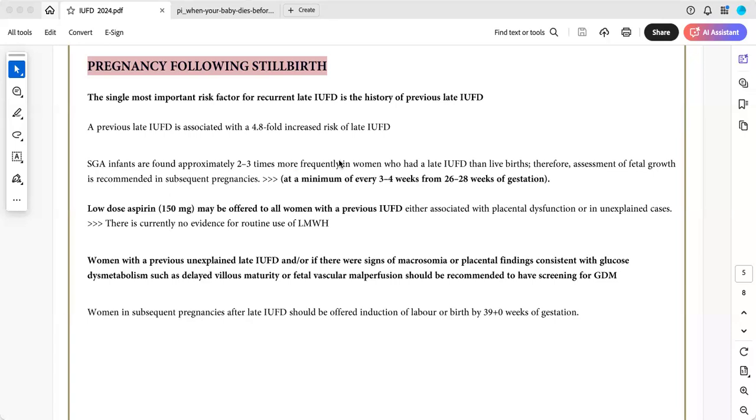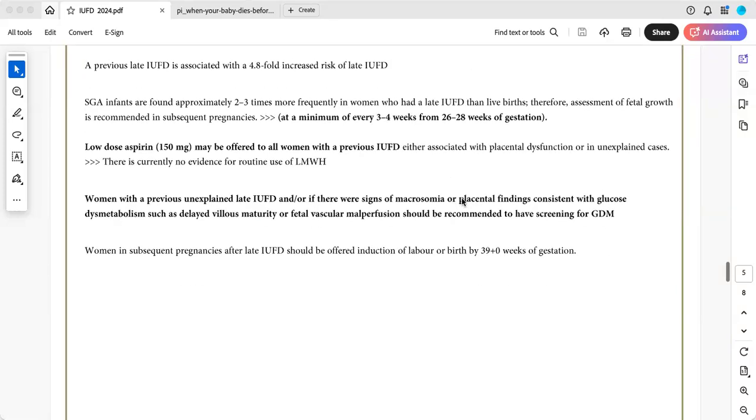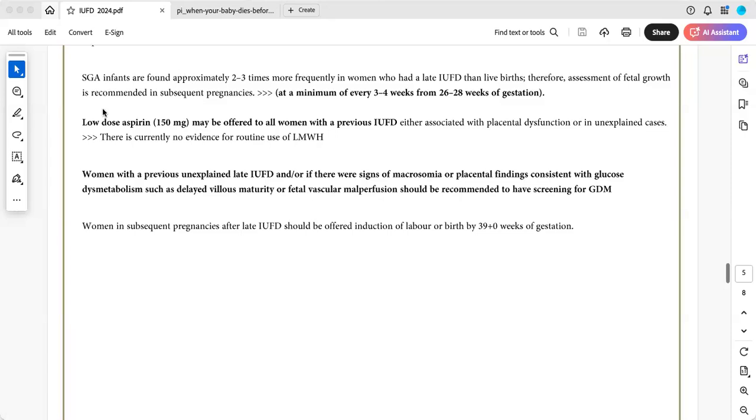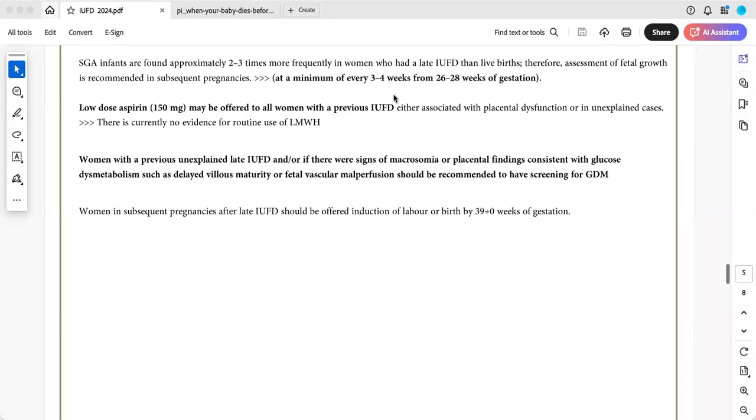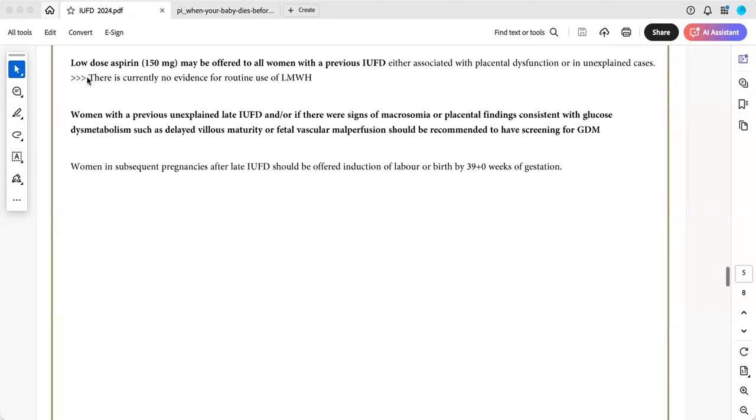So, dear friends, assessment of the fetal growth is recommended in subsequent pregnancy at minimum every 3 to 4 weeks from 26 to 28 weeks of gestation. But please, in the cases of the MRCOG exam, you will have to apply the small for gestational age guideline for the exact frequency of follow-up.